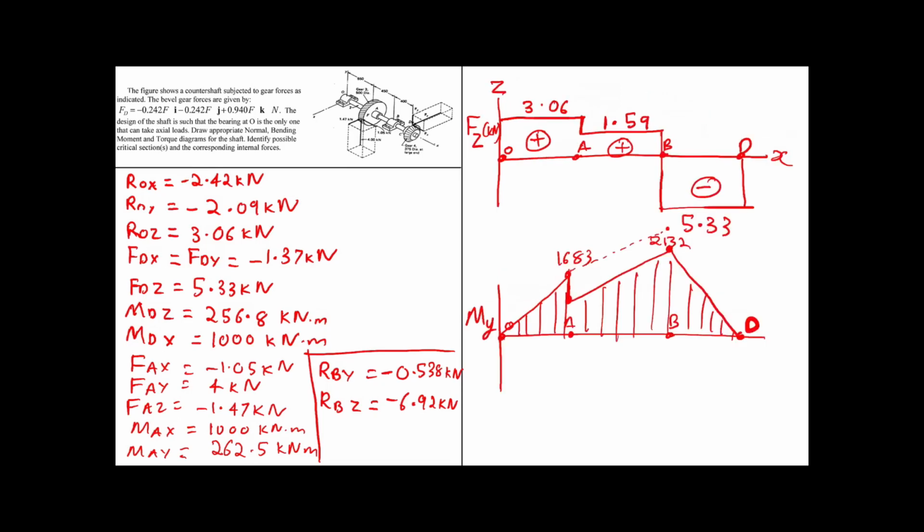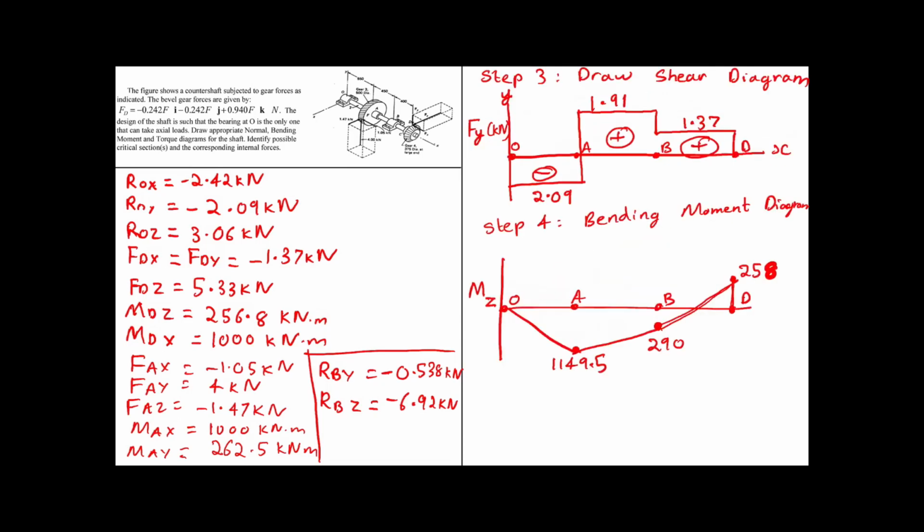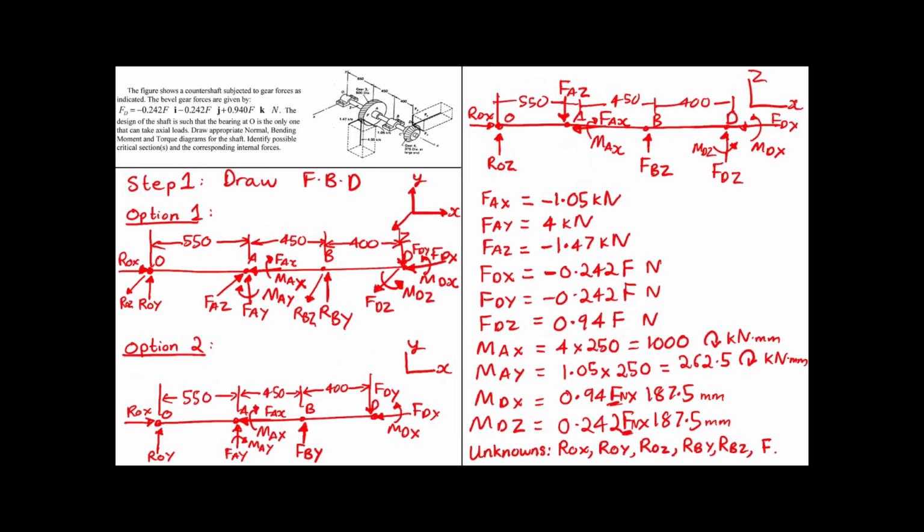So in this case, the moment about X diagram, we have to look at the free body diagram that we initially drew. Where all do we have moment about x-axis? So we actually have MAX, which is this one, and it is clockwise, and we have MDX, which is applied, and which is this way.